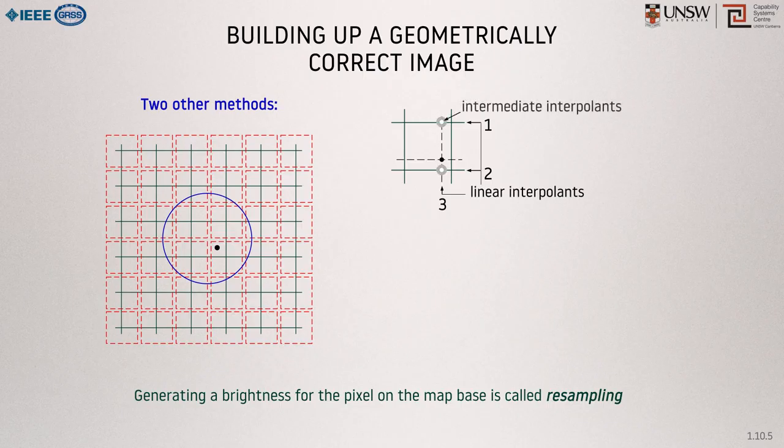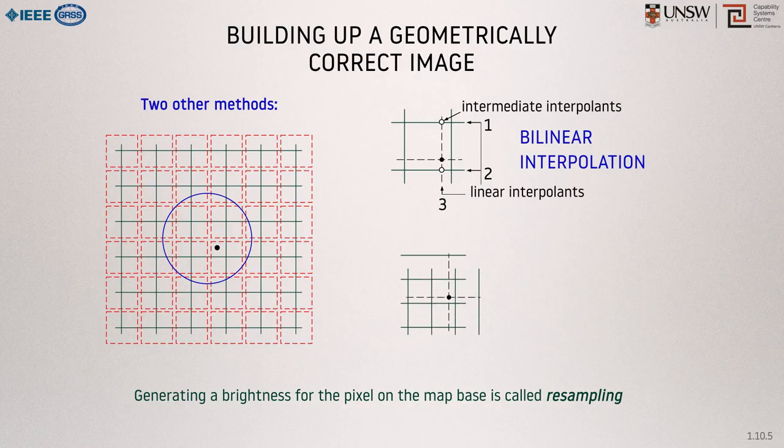These are shown as the intermediate interpolants in the top right-hand diagram. The next step is to do a vertical interpolation over those 2 intermediate values to get a final brightness value for the pixel. This process is called bilinear interpolation.